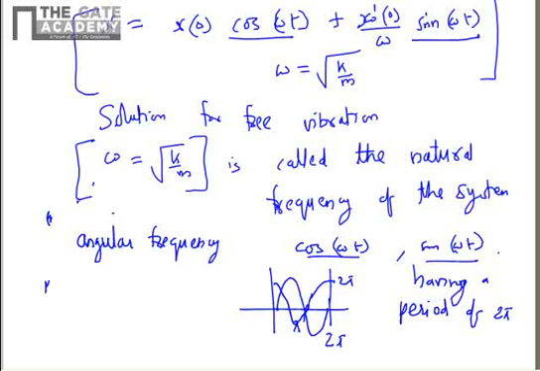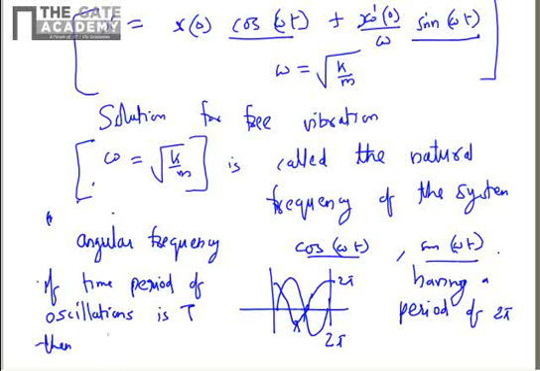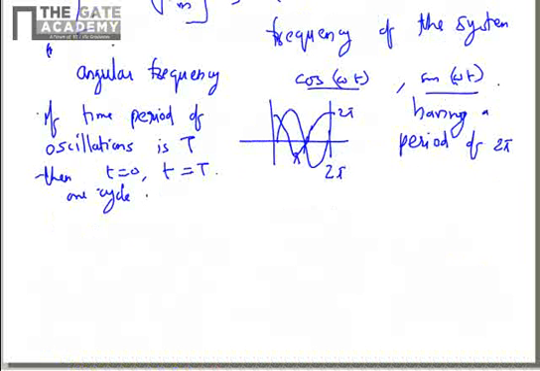Hence, if the time period of oscillation is capital T, then from time t equal to 0 to time equal to T, one cycle will be completed.